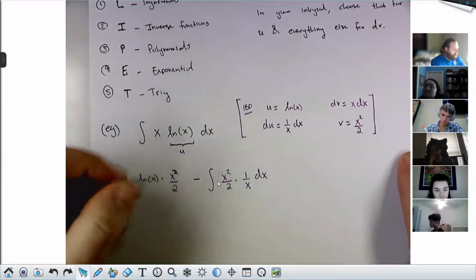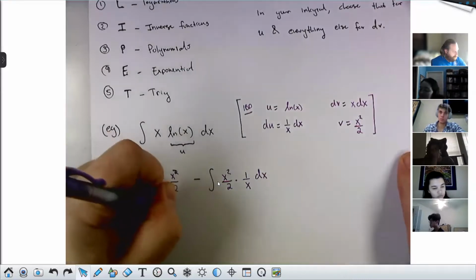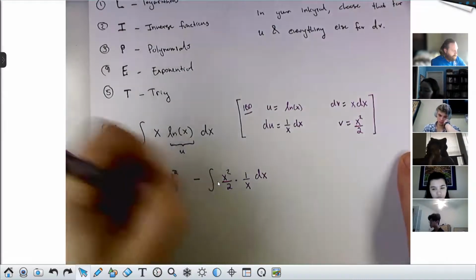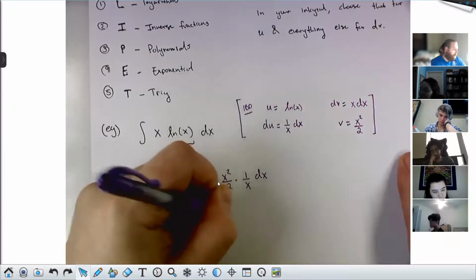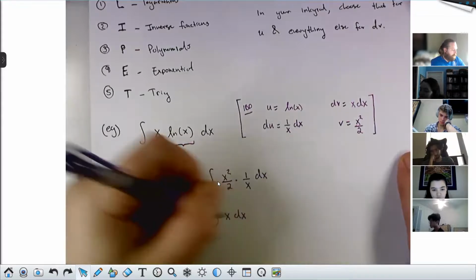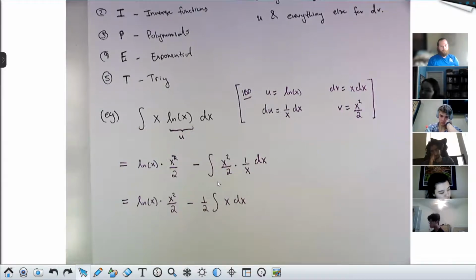So this becomes natural log of x times x squared over 2 minus 1/2 integral of x dx. All right, these are equal to each other, just simplifying and applying the rules for integrals. I haven't done any integration there. I just canceled the x's and I popped out the 1/2.